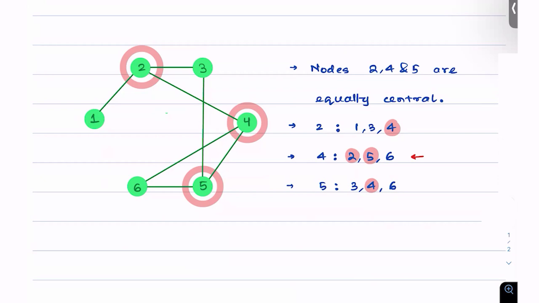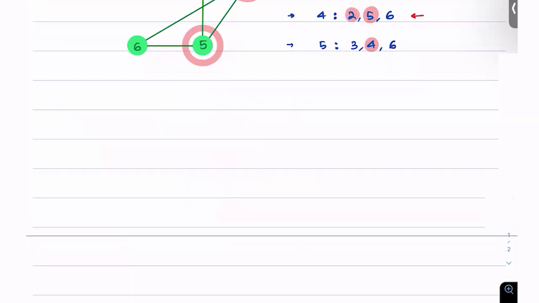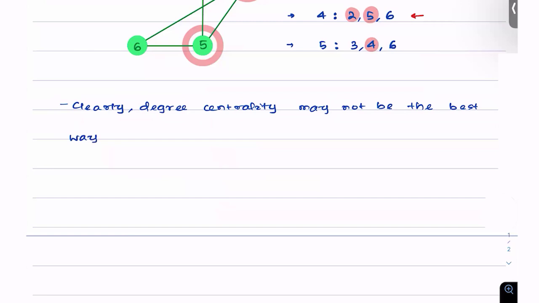To summarize, we definitely know that degree centrality may not really be the best way to rank the nodes in a network.